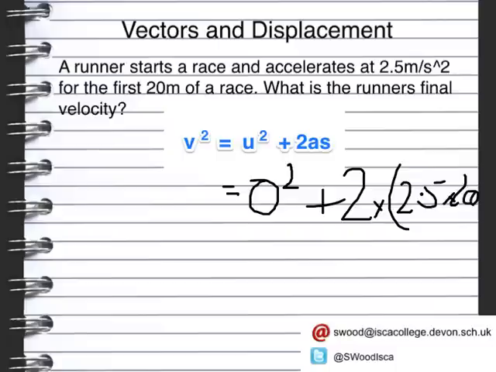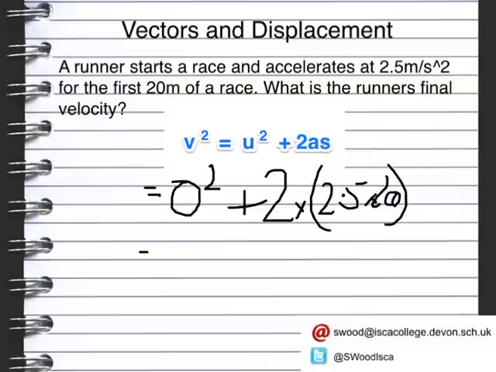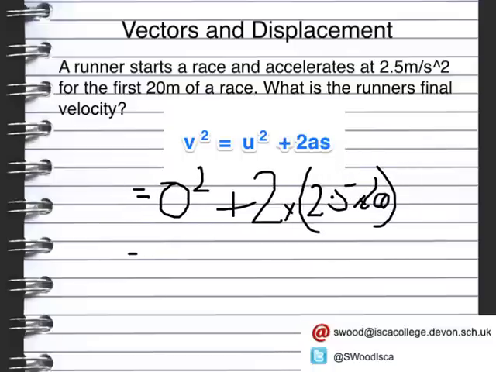I'm just about squeezing that on the end there. So I'm going to bring all of this over here a little bit. Okay, so that equals 0 squared is going to be 0 plus the 2 times 2.5 times 20.